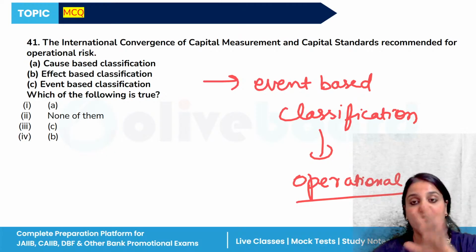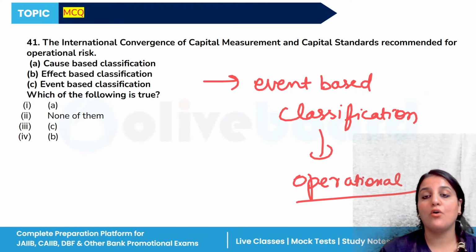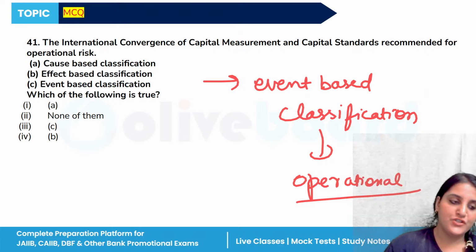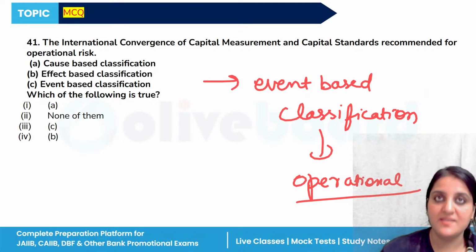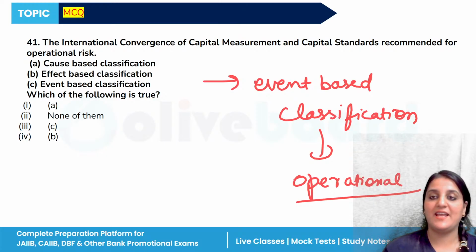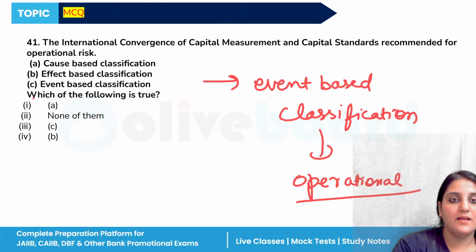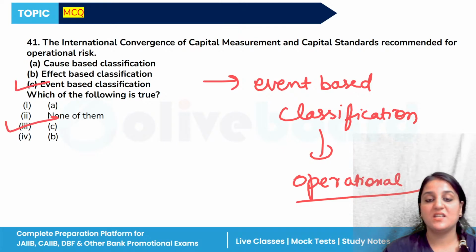This classification system focuses on categorizing operational risk events based on specific incidents or occurrences that can lead to financial losses. So here the correct answer is option C, that is event-based classification.